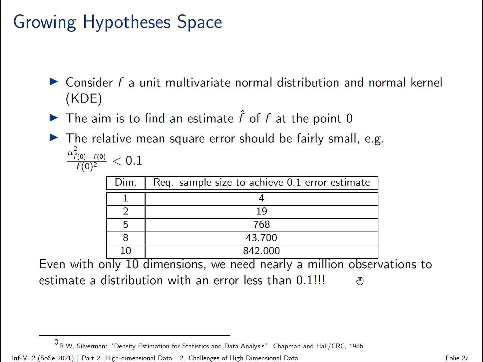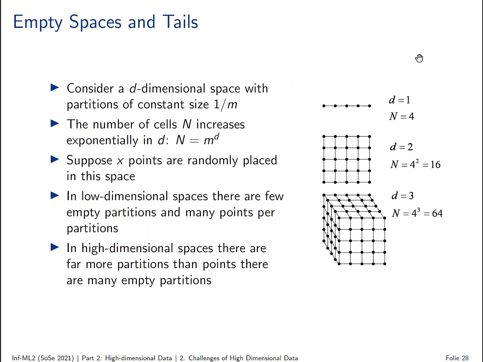So that is much more than exponential, or that's kind of an exponential relationship, which means that for a fairly simple thing, if the dimensionality grows, the number of observations we need in order to be sure that some model actually fits or holds grows dramatically. So that is also an illustration of the growing hypothesis space.